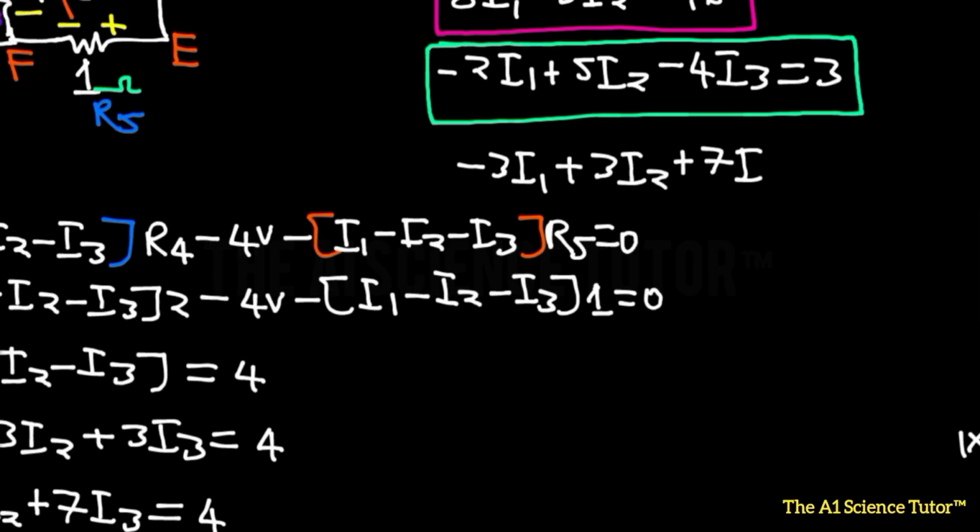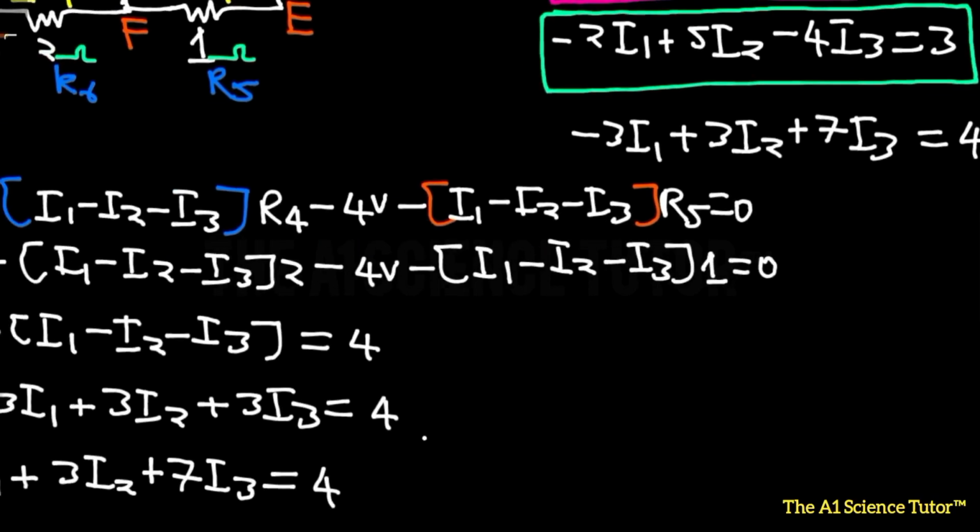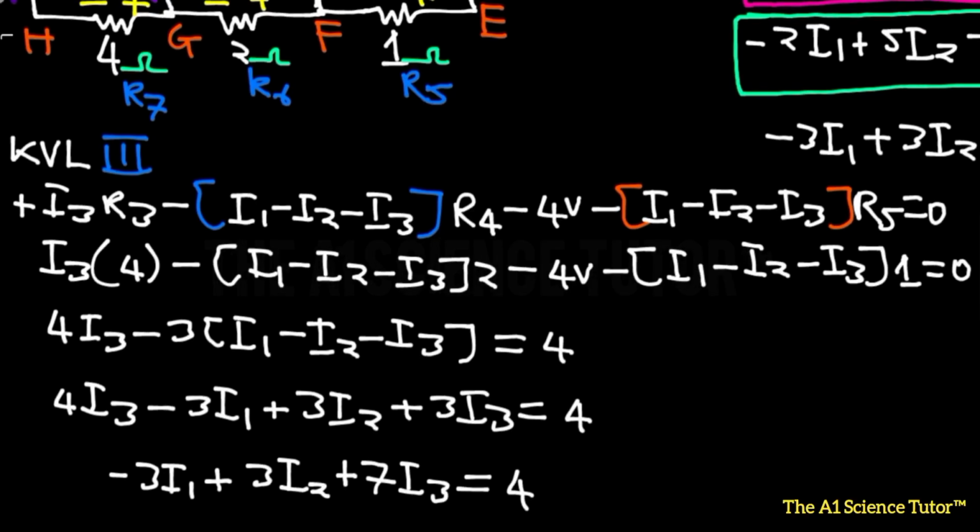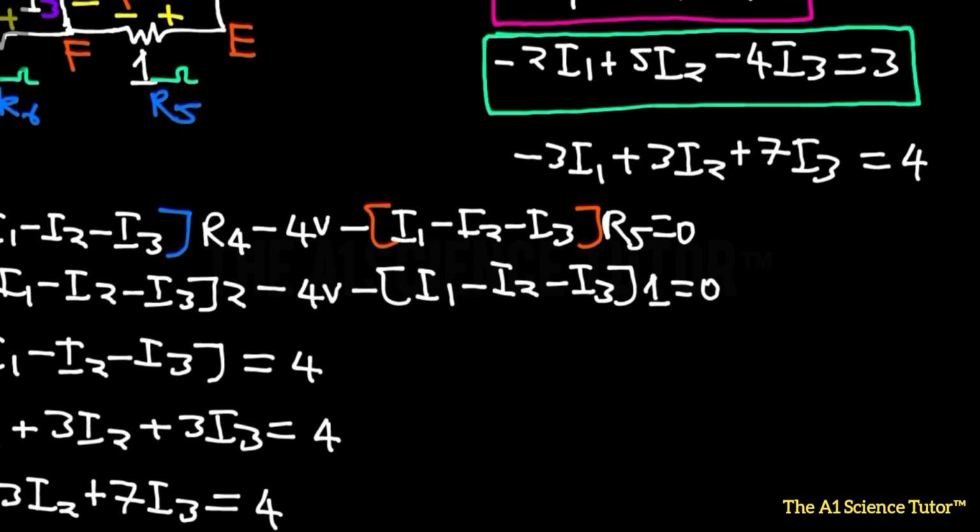Here we take this. So that's 7I3. This will be equal to, that's a +4. So are we on track with this? Let's find out. Yeah, so we're actually correct. And this will be the third equation.